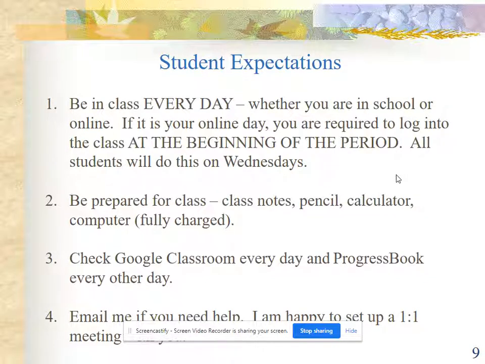If you're in school, have your notes printed out, have your pencil, have your calculator, have your fully charged computer. Same thing if you're at home. Be sitting at a desk or at a table, have your notes out, have a pencil, calculator, any homework, etc. As I mentioned earlier, you'll want to check Google Classroom every day and check Progress Book every other day. And also email me if you need help. I'm happy to set up one-on-one meetings.